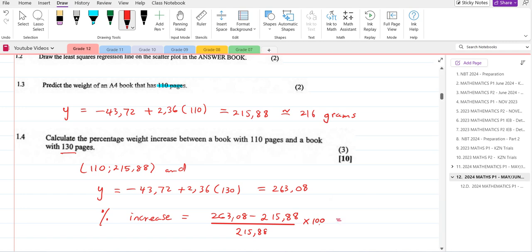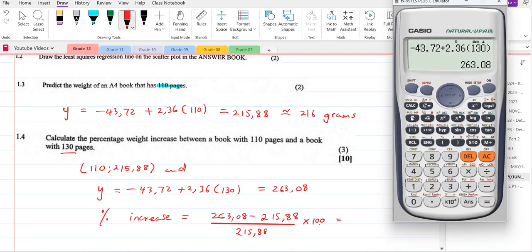Right, so we're going to take those differences and multiply by 100. So 263.08 minus 215.88 divided by 215.88, right, and multiplied by 100. So I'm getting 21,86%.